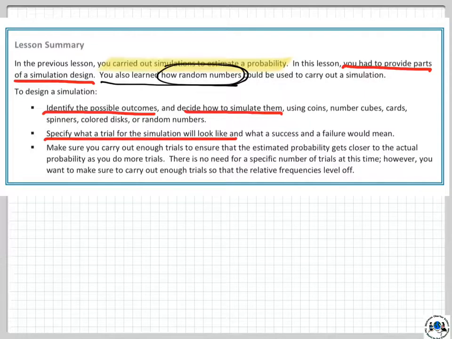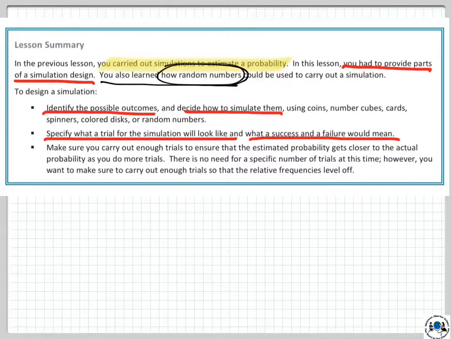We wanted to find out what the probability is of having a boy in three births in a row. Your simulation trial is going to be 3 flips of that coin. And you have to decide what a success and a failure would mean. What would connote a success and what would be a failure?